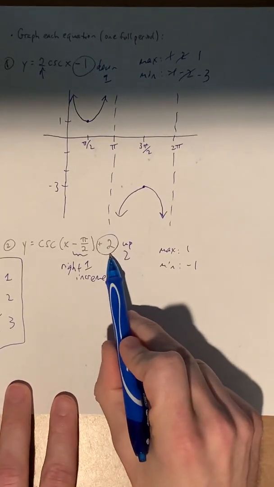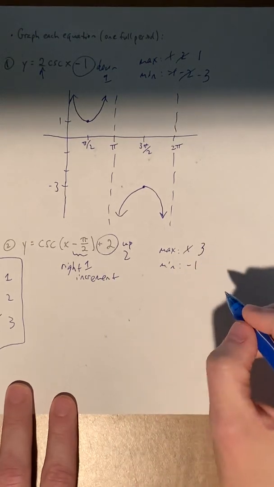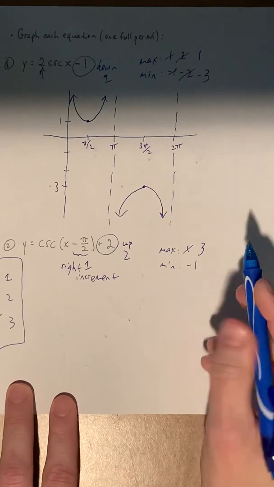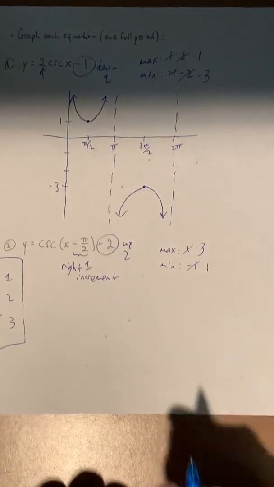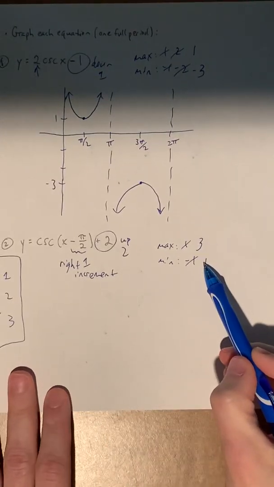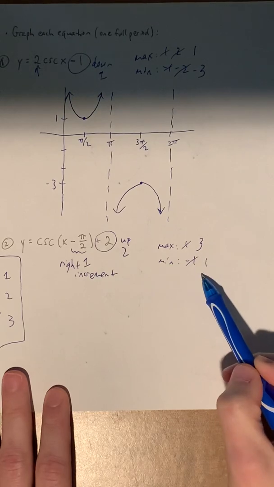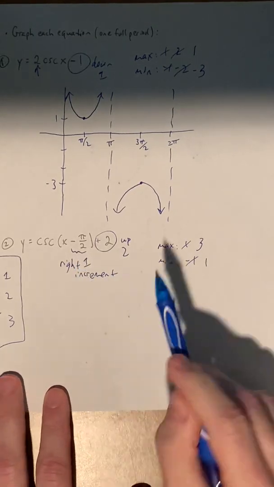But everything's going up 2. So this 1 goes up 2 for a max or a point at 3. And this -1 goes up 2 for a minimum or a point at 1. All right, so we have to make sure we have points at 3 and 1 on our parabolas for our max and min on our parabolas. And everything is shifted to the right 1 increment.